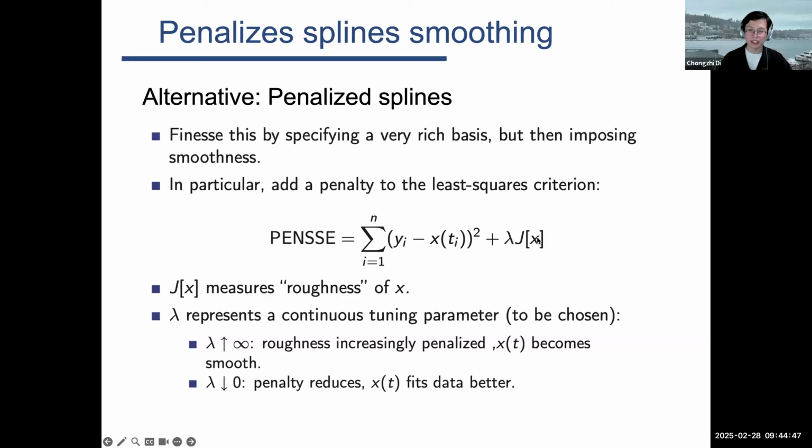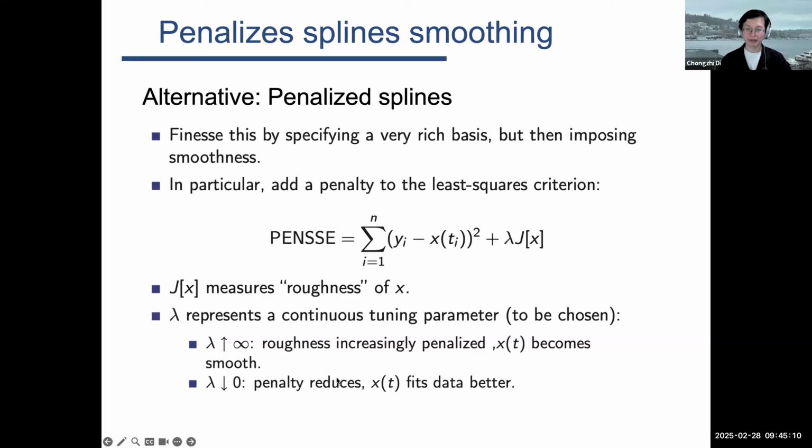It controls the balance between your model fitting and your roughness or smoothness. So in the sense that if you, let's say, have the lambda close to 0, it means you are not doing any penalty at all, right? So you're actually encouraging that very wiggly fitting.